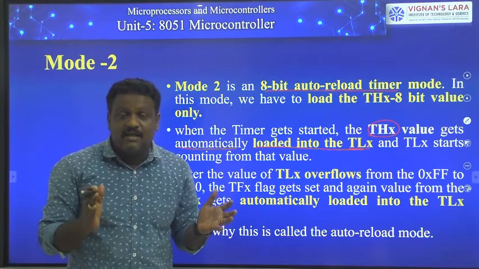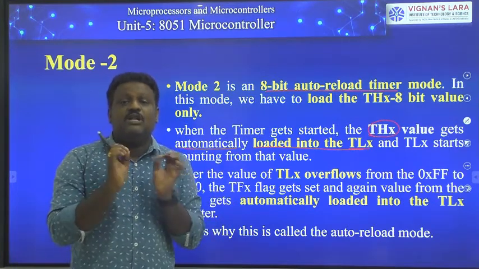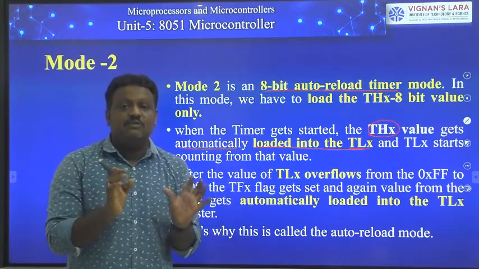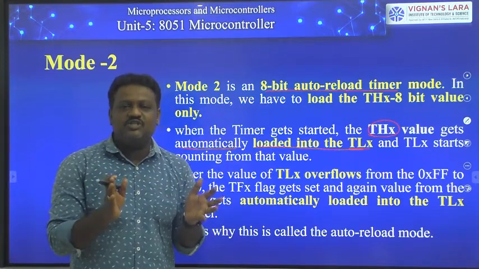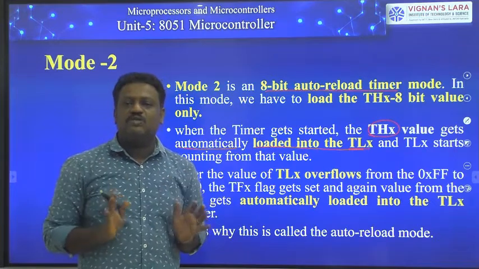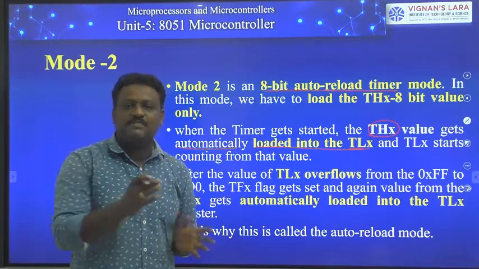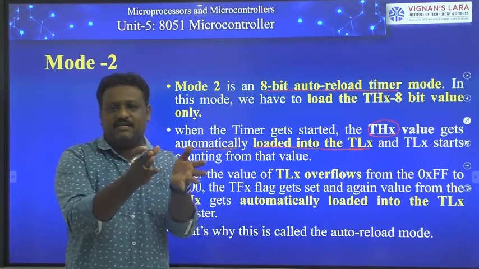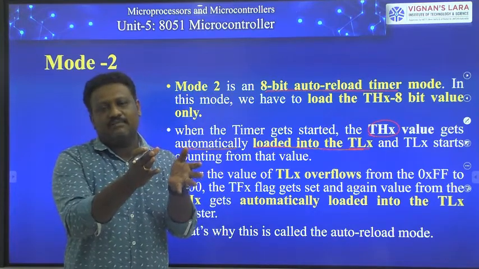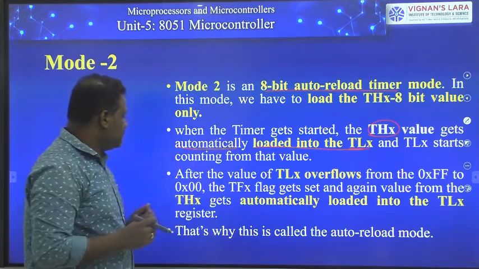That means only TL, the lower byte of the timer, participates in counting clock pulses. Your TH, the higher byte of the timer, does not participate in counting of clock pulses. What the higher byte can do is simply supply the initial value to the timer lower byte. So that's the meaning of this.